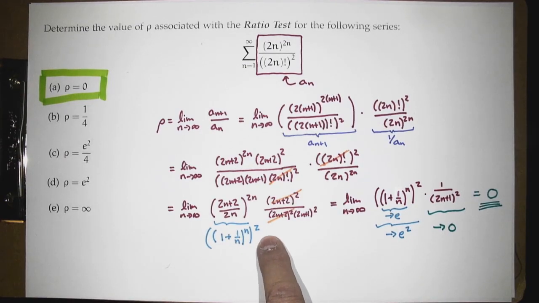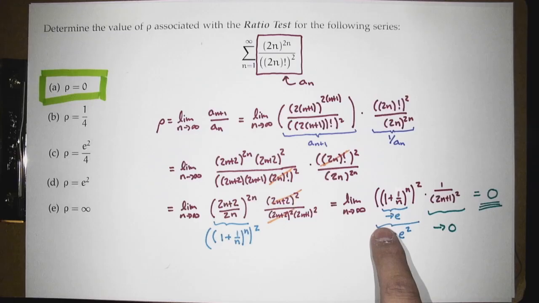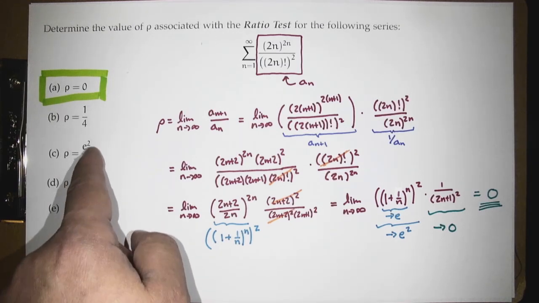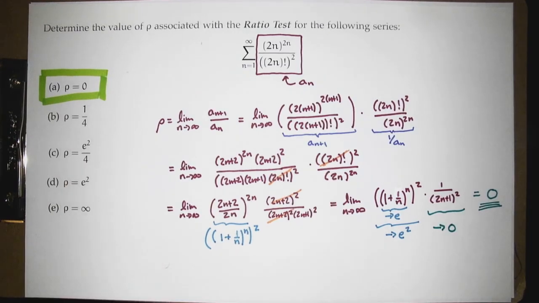Well, we know how to do that kind of limit. The inside, if we refer to our formula sheet, that goes to e. So we're going to e squared. And that's why there's a tempting e squared floating around. And then here, well, this is 1 over something big. Well, that goes to 0. And e squared times 0 is 0.